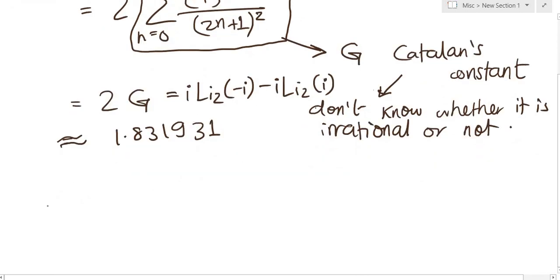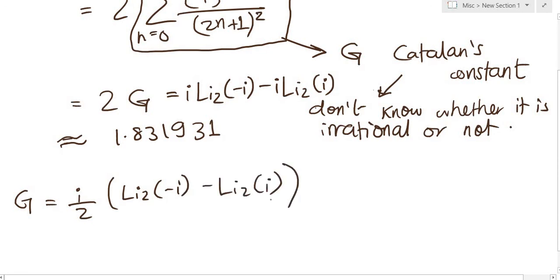Otherwise, we unknowingly derived an expression for Catalan's constant, which, if we divide everything by 2, is i over 2 times the dilogarithm of negative i minus the dilogarithm of i. That's quite fascinating because it connects our estranged dilogarithm function to a very distinct constant in mathematics.